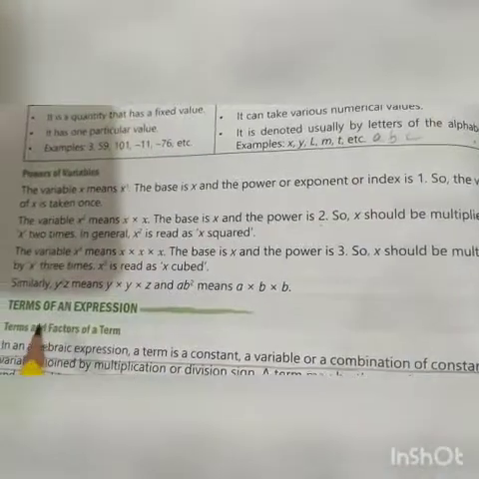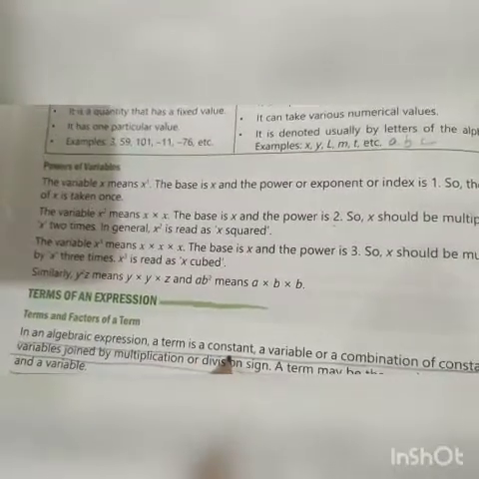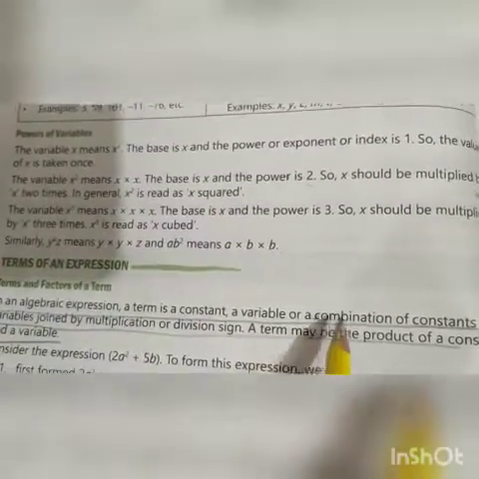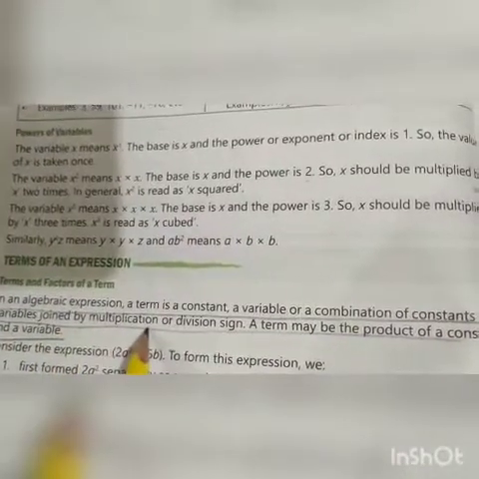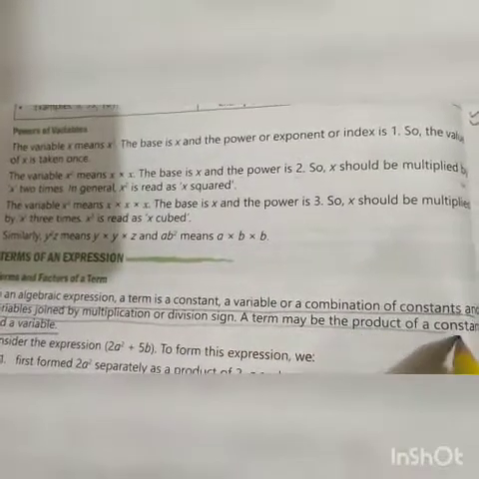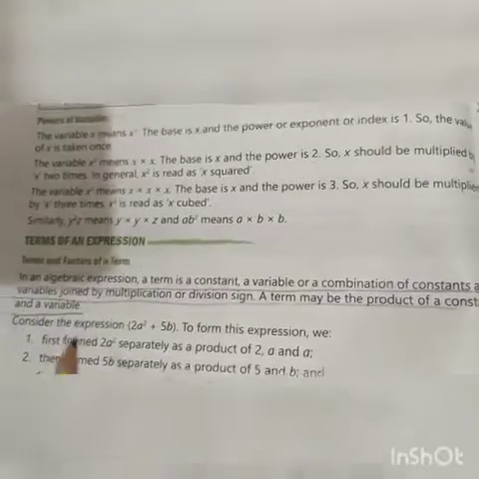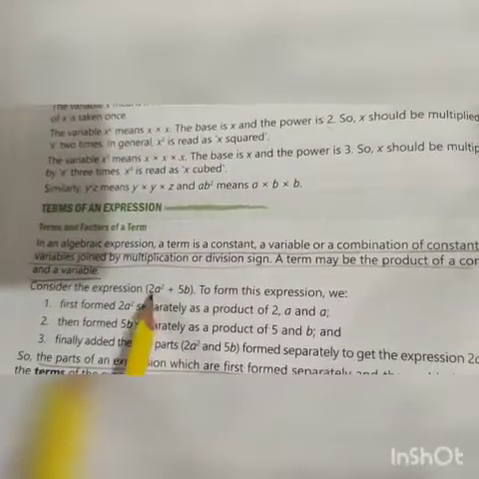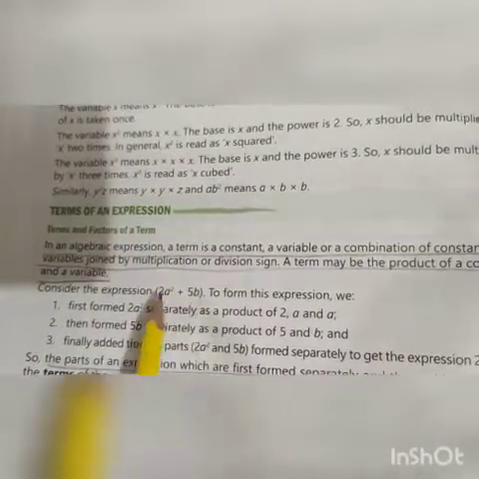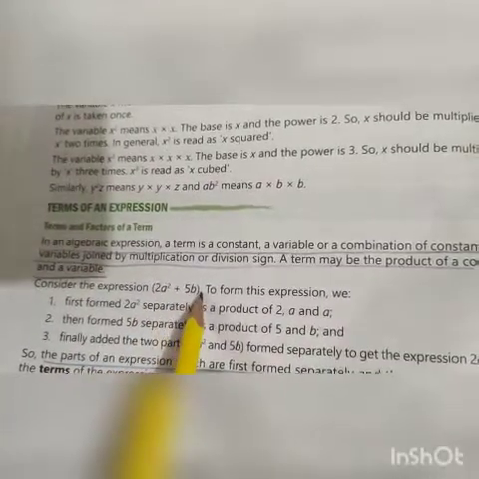Now come to terms of an expression. What are terms? In an algebraic expression, a term is a constant, a variable, or a combination of constant and variable joined by multiplication or division sign. A term may be the product of a constant and a variable. See here, this is an expression 2a square plus 5b. Here are two terms. The first term is 2a square and the second term is 5b.